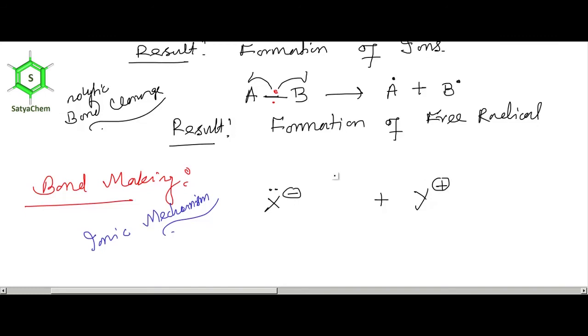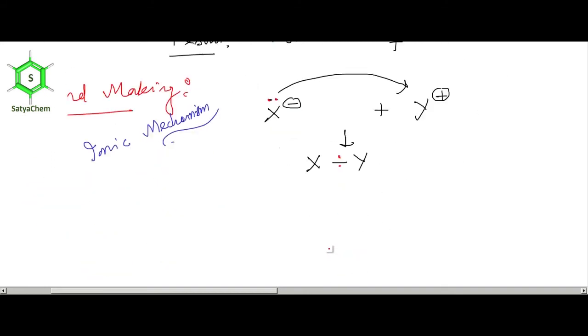We know that a single bond requires one pair of electrons. So here the XY bond is formed, and this single bond uses this electron pair. Now we are getting the XY compound, a new compound.